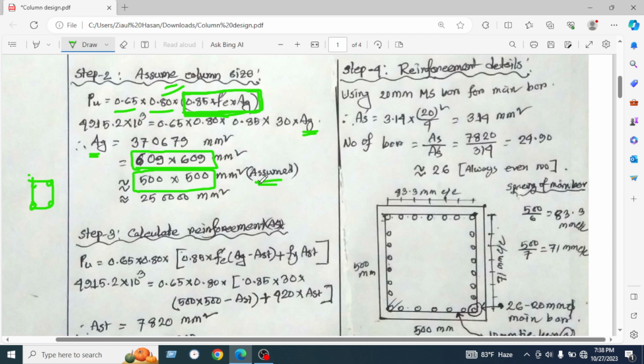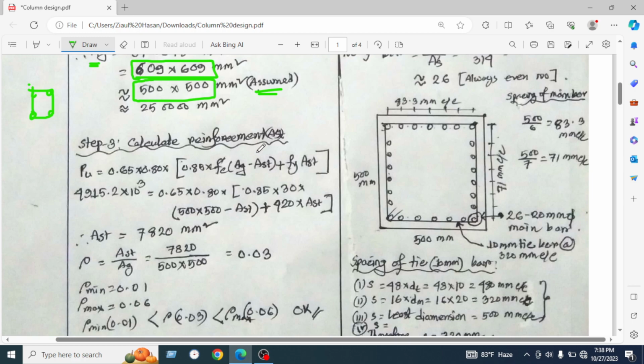We will assume this. So calculating reinforcement Ast, we will use the tied column formula, which is P equal to 0.65 into 0.80 into [0.85 f'c (Ag minus Ast) plus fy into Ast], and we will put in these values. f'c we have assumed 30, and fy we will take 420 MPa or Newton per millimeter square.